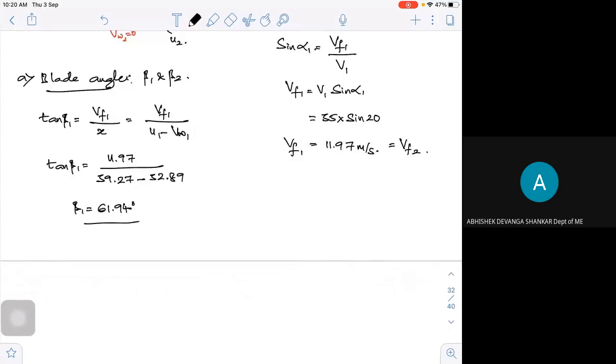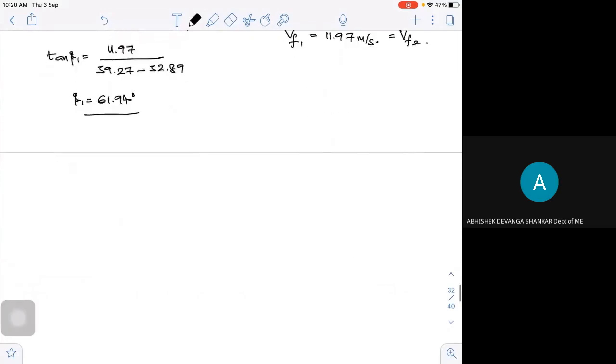Now similarly, consider the velocity triangle at the outlet. What is it actually?